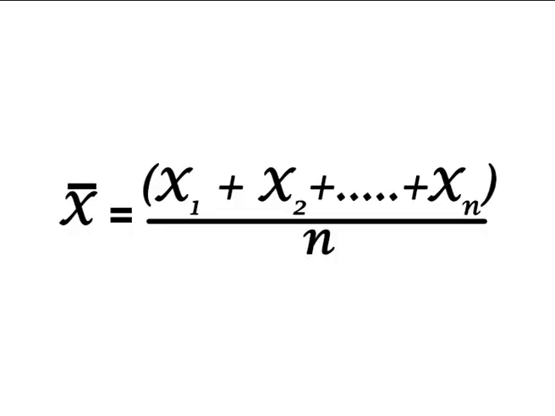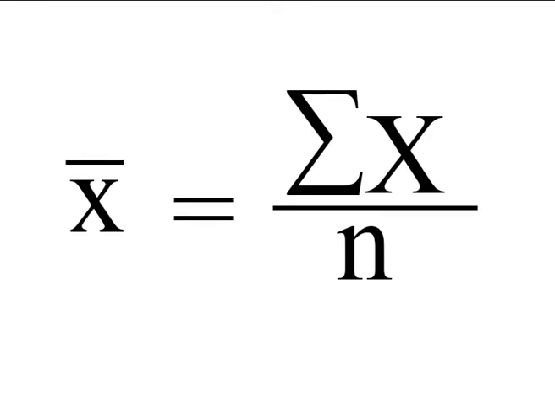So, if we have n values in a data set and they have values x1, x2 up to xn, the sample mean will be usually denoted by x bar. The formula is usually written in a slightly different manner using Greek capital letter sigma, or you call sum of.